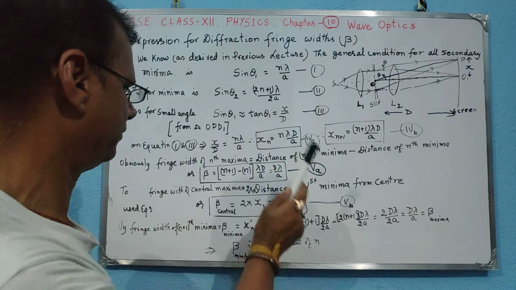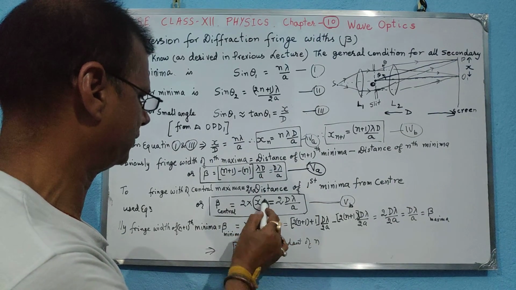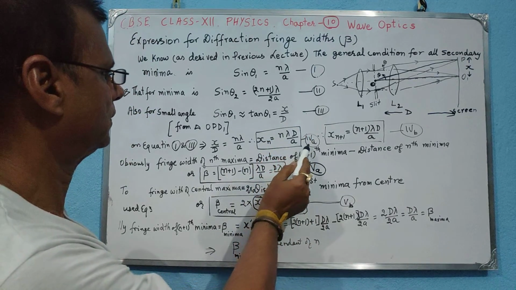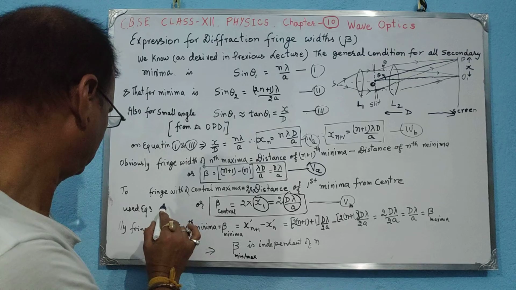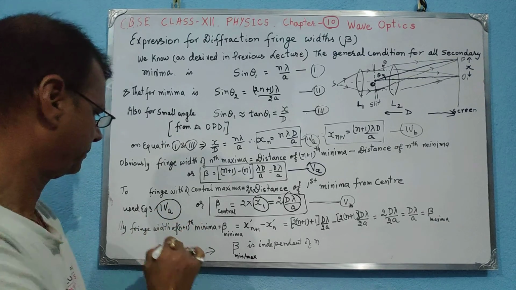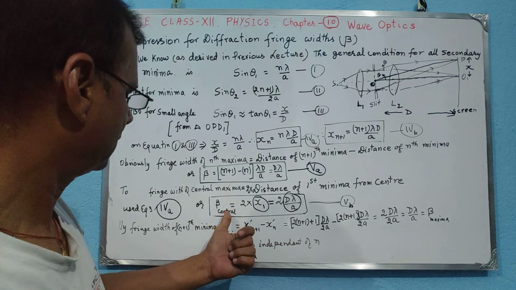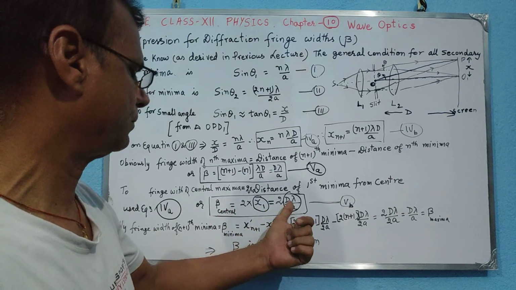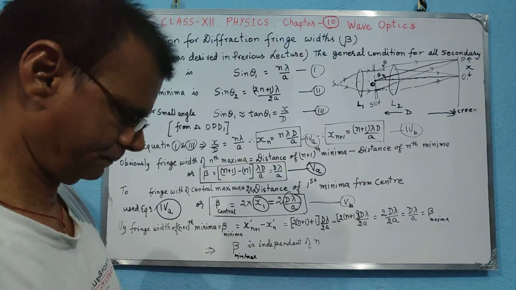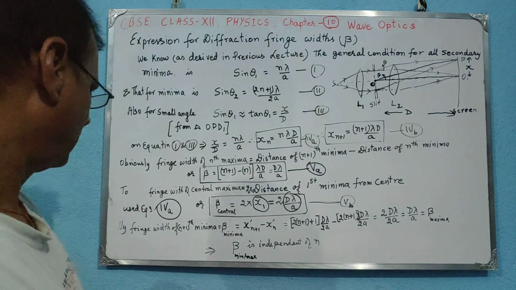We use equation 4a over here for putting the value of x. This is equation 4a. Therefore the width of the central maxima will be 2 d lambda by a. We call it equation 5b.